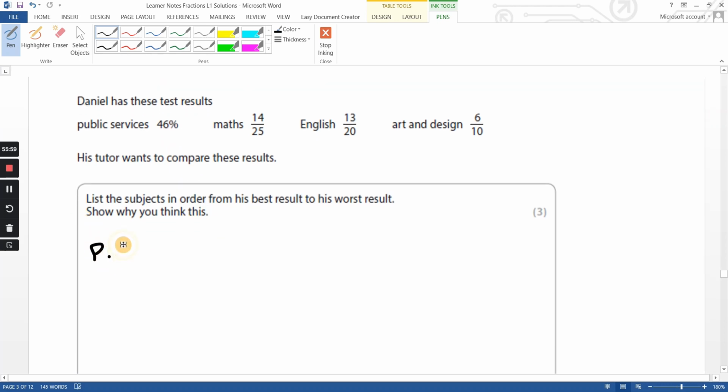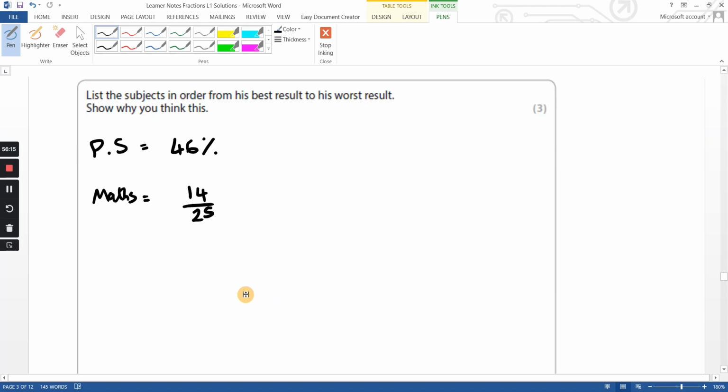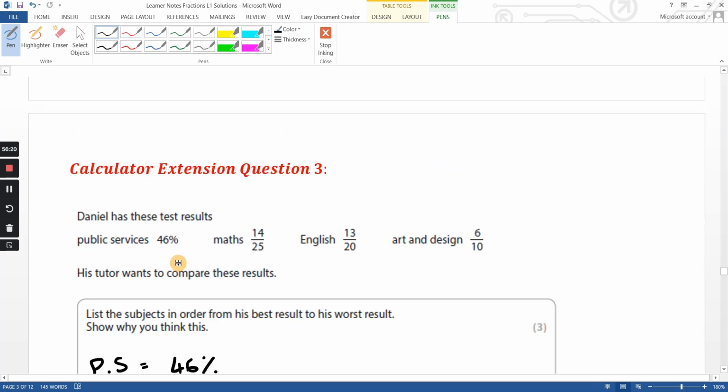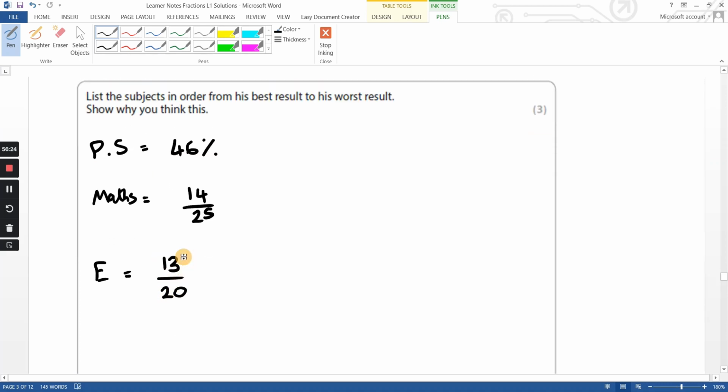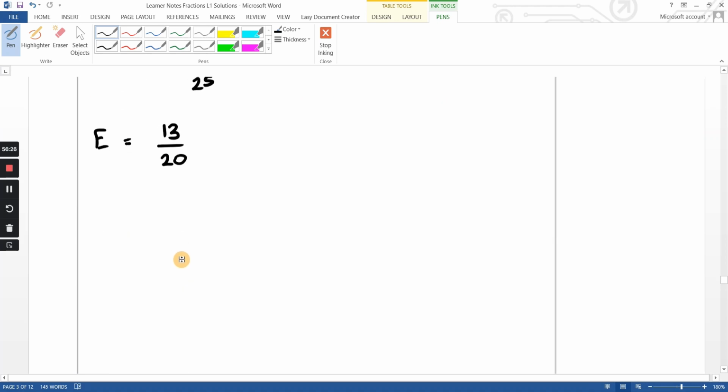I want all these to look very similar. So public services is 46%. Let's just write this down like this. Maths, 14 out of 25. English, 13 out of 20. And art and design is 6 out of 10.